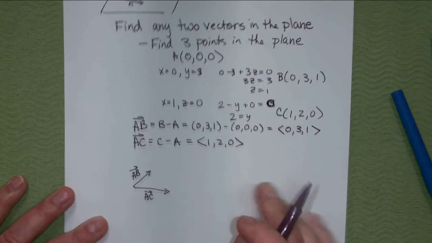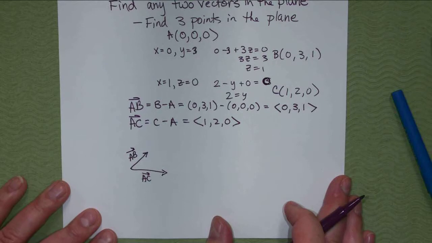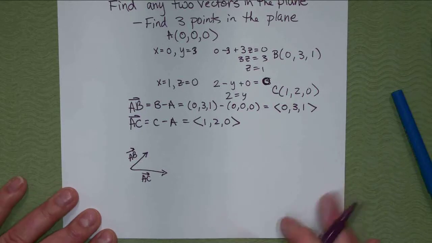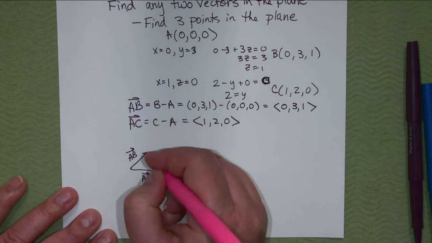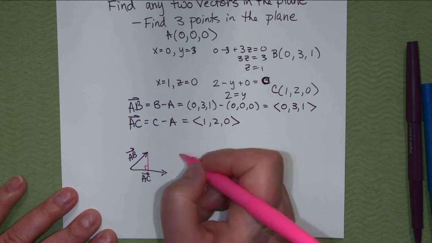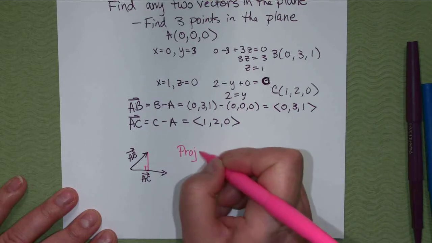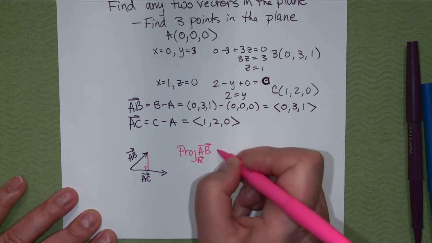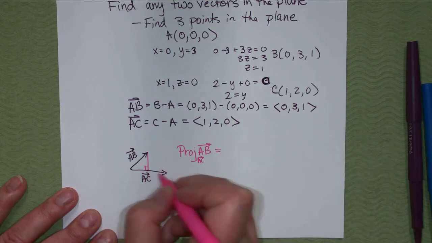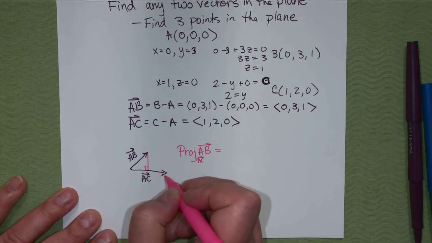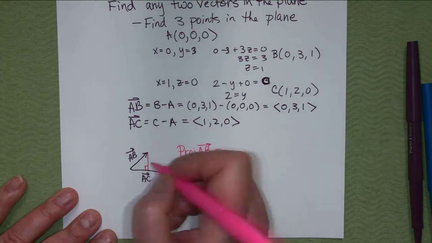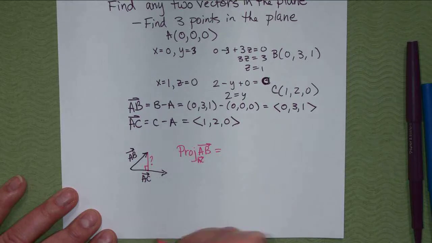We have two vectors, but we want to find a vector perpendicular to one of these two, because we need two vectors, but they have to be perpendicular. So if we projected AB onto AC, we would get a vector in the direction of AC, and then we could find this to get the perpendicular one.